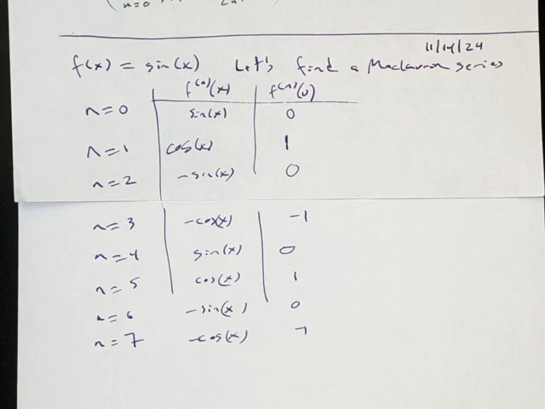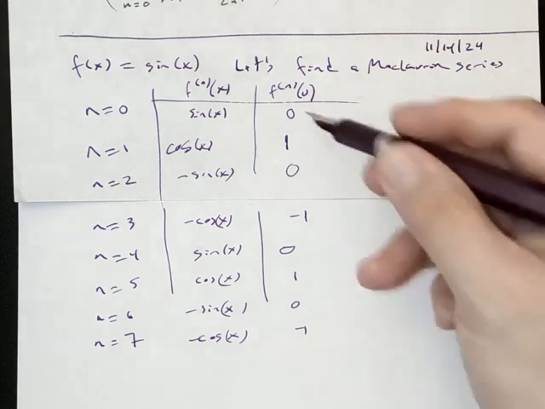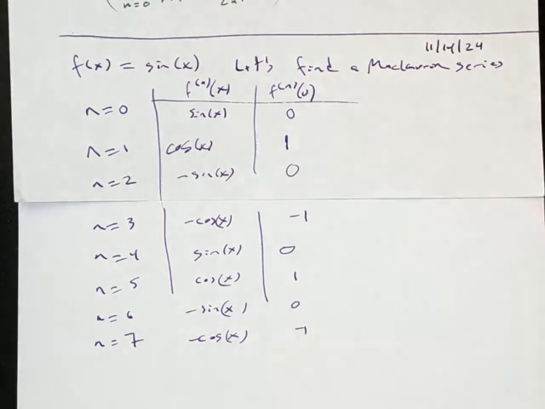So I need something that is positive at 1 and at 5, negative at 3 and 7. If I ignore the zeros, I would think I want an alternating thing, right?